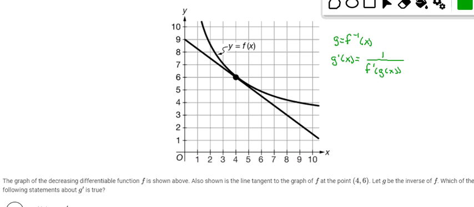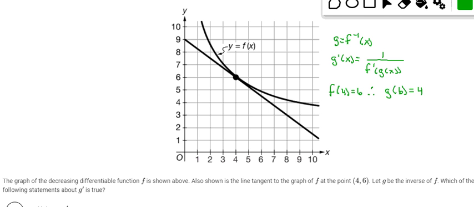We know that G of 6 equals 4. All right, since we know F of 4 equals 6, therefore G of 6 equals 4, since they are inverses.